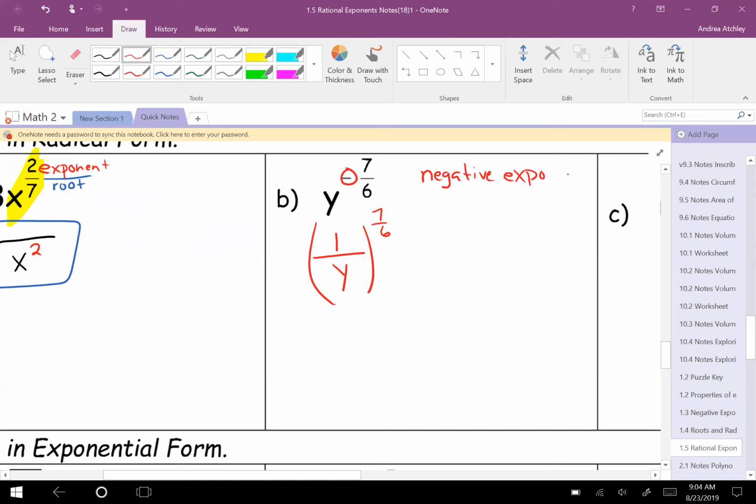Negative exponents mean flip the base. Take the reciprocal of the base. Okay, now we can put it in our radical. Oopsie.